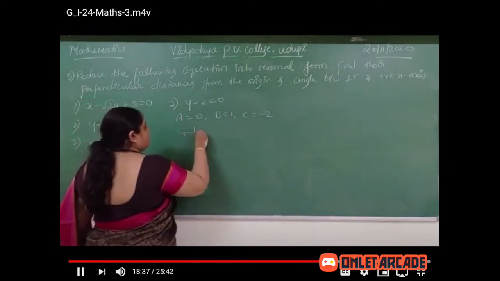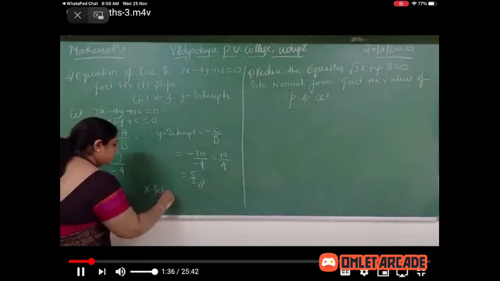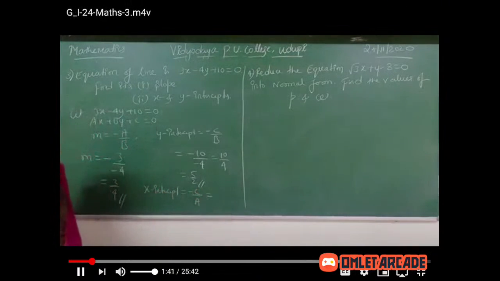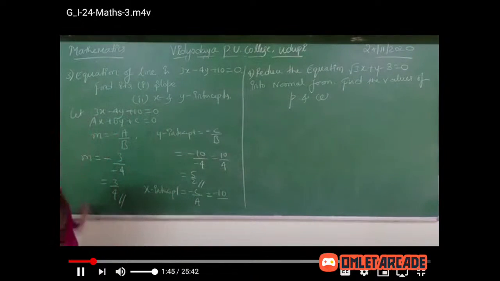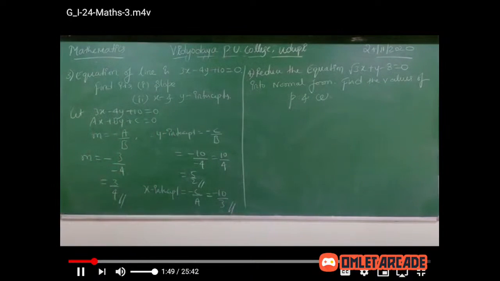So can I divide both sides of the equation by root of a square plus b square? The formula is minus c by a. Minus c is 10, divided by a is 3. So these are the x-intercept, y-intercept and slope for this equation, isn't it?